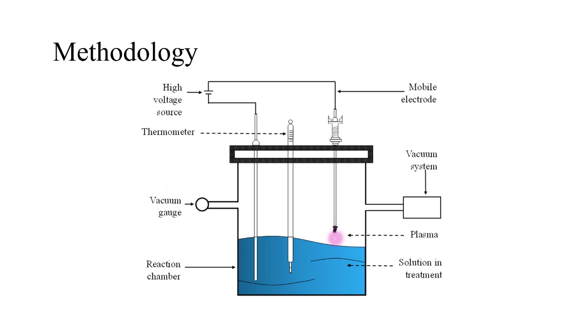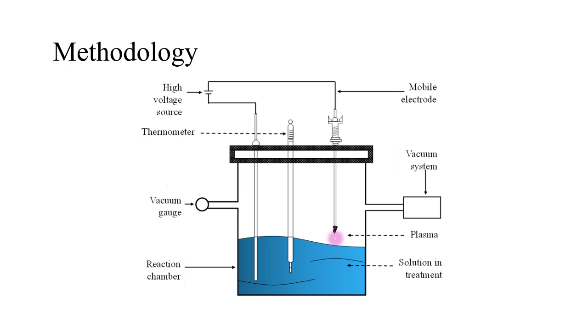The electrode distance is adjusted relative to the solution surface until a visually stable plasma is obtained. When the plasma is generated, its continuity is monitored throughout the treatment. The procedure described is carried out for each treatment at atmospheric pressure, 760 torr, and low pressure, 24 torr.